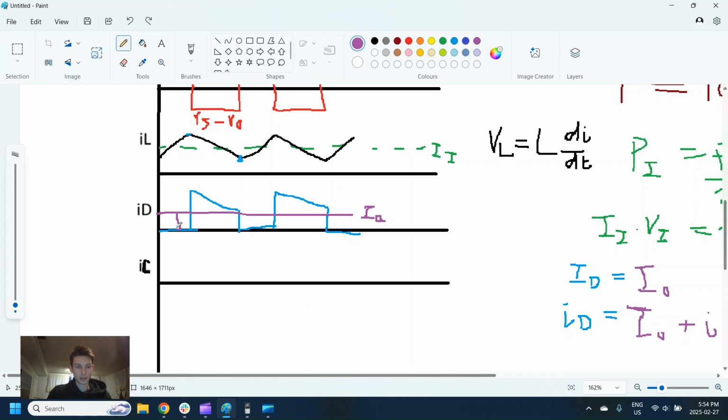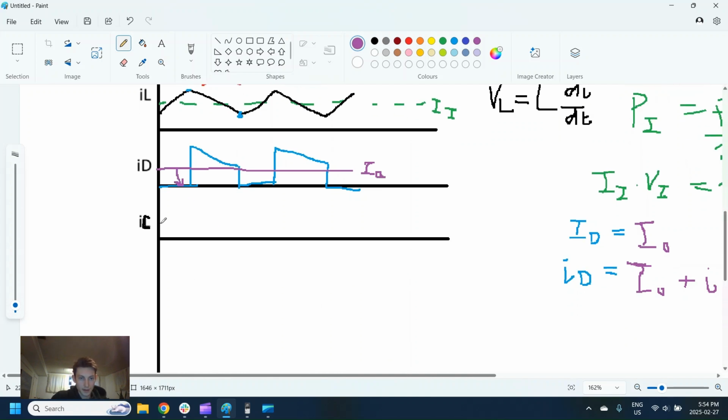So that's just going to be shifted down like that. And we can look at IC here, which is going to look identical, except shifted down. Let's redraw that. Identical, but shifted down. So where this I out would be is now this line here, the center line.